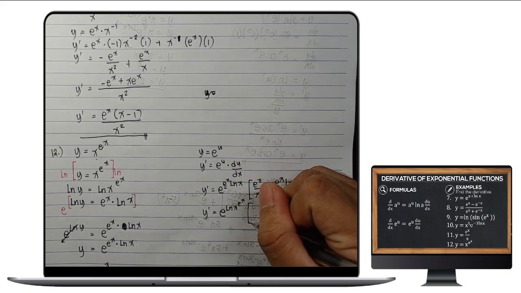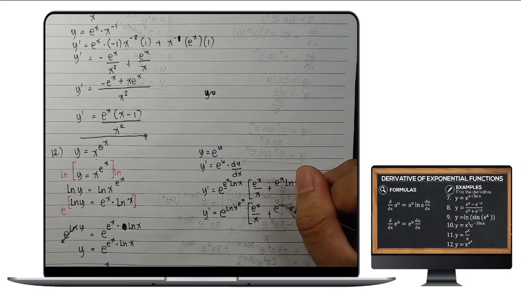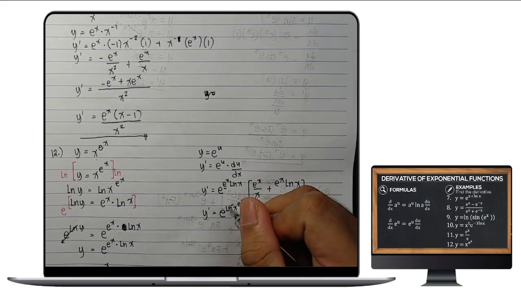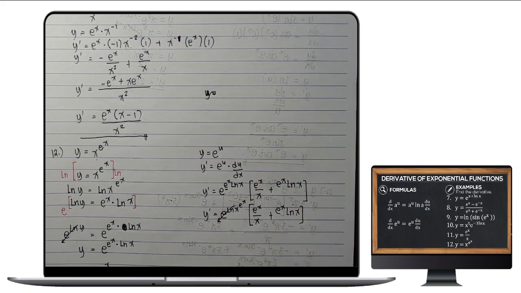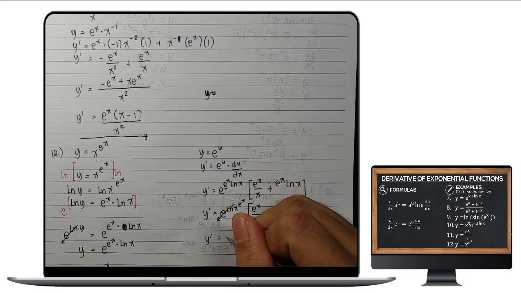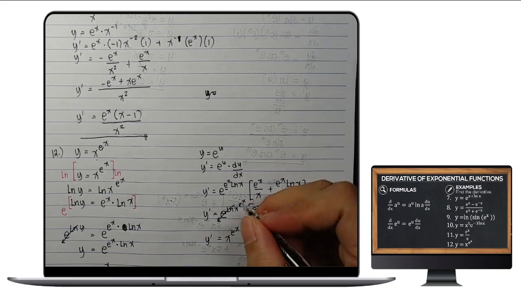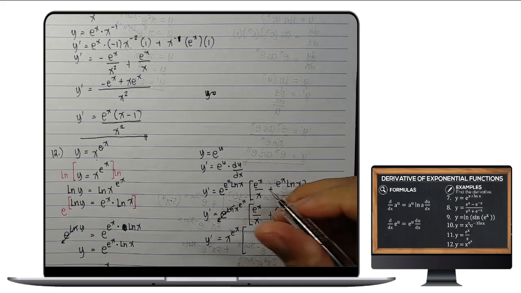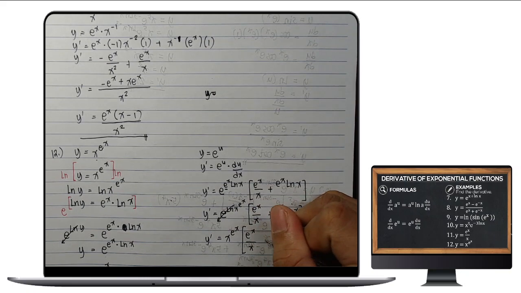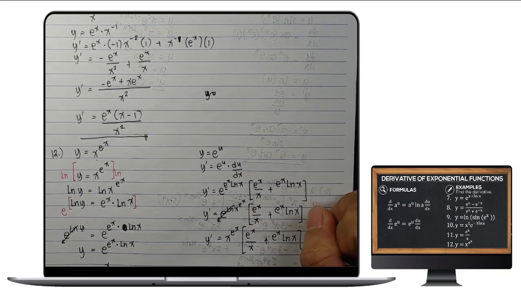Multiplied by e raised to x over x plus e raised to x ln of x. So we have e raised to ln here, so we can cancel it out. So therefore, our first derivative, bababa na lang yon, that is x raised to e raised to x multiplied by e raised to x over x plus e raised to x ln of x.